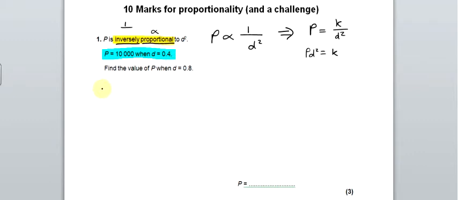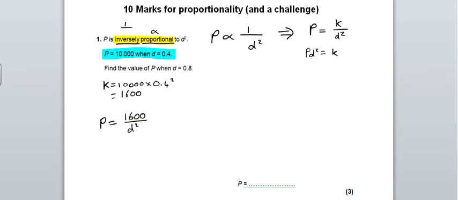So k is equal to P, which is 10,000 in this case, times D squared, so 0.4 squared. That gives 10,000 times 0.4 squared on the calculator, 1600. And what that means is that the equation linking P and D is this: P equals 1600 over D squared.